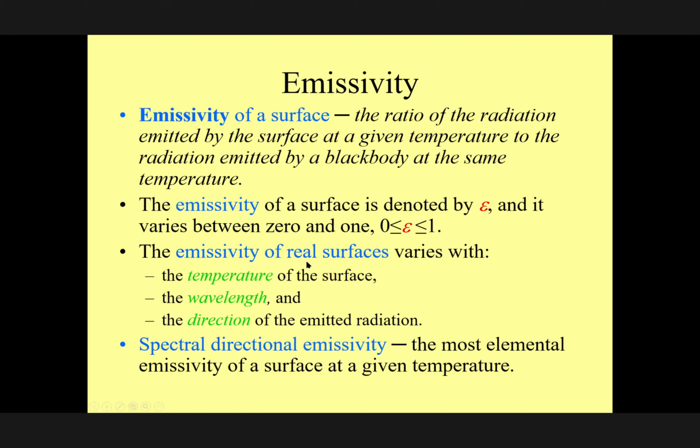The emissivity of a real surface varies as a function of the temperature, as I mentioned, wavelength, as I mentioned, and direction. In real material that we are dealing with, we assume the emissivity is a function of the temperature, the wavelength, and the direction. But in most of the problems that we are doing at the level of the building and the range of temperature we are talking about, we can assume emissivity is constant, okay?